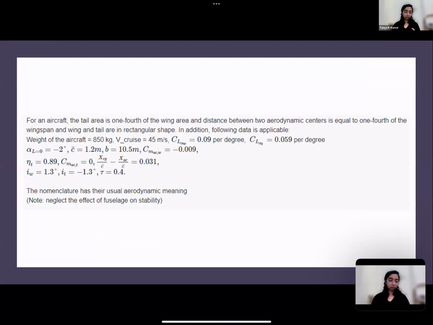They've given you weight of the aircraft, cruise velocity, CL alpha of the wing, CL alpha of the tail, both in per degrees, angle of attack at zero lift, the mean aerodynamic chord, the wingspan, CMAC of the wing, tail efficiency factor, CMAC of the tail, distance between XCG and XAC, X bar CG and X bar AC, wing setting angle, tail setting angle, and control surface effectiveness parameter. Now let's look at the questions.